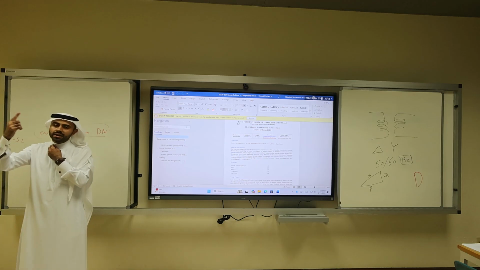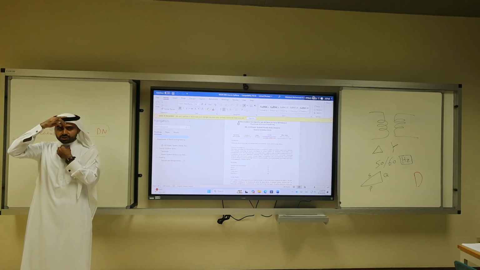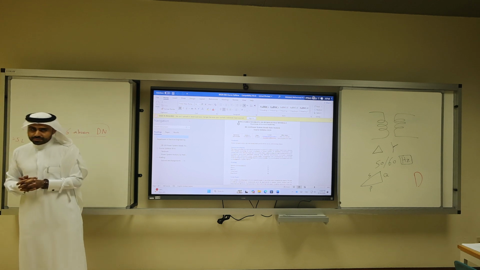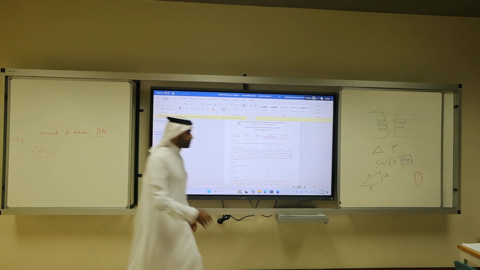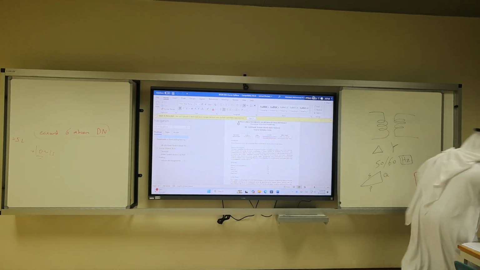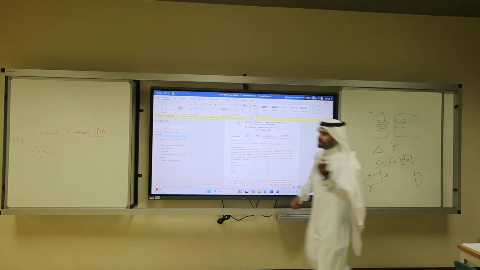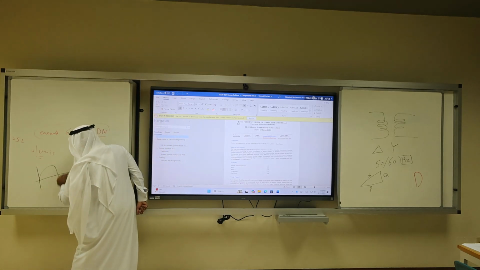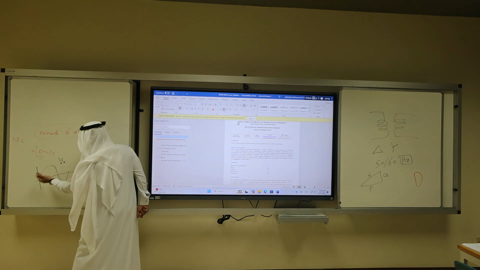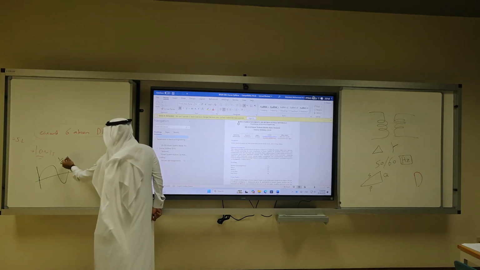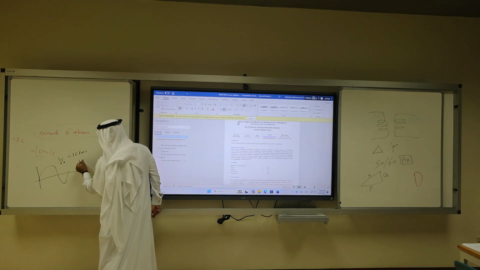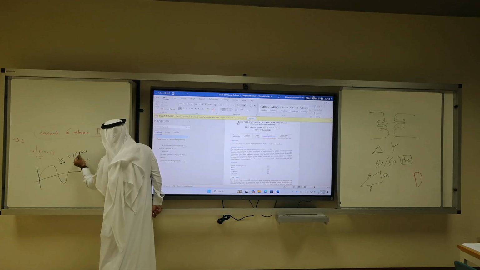So if one cycle is 1 over 60, which is what, 16 milliseconds, how many is 10 cycles? Let's use 60 hertz. If one sinusoidal signal is 1 over 60, what is 10 of them? 16 milliseconds multiplied by 10 is 166 milliseconds.